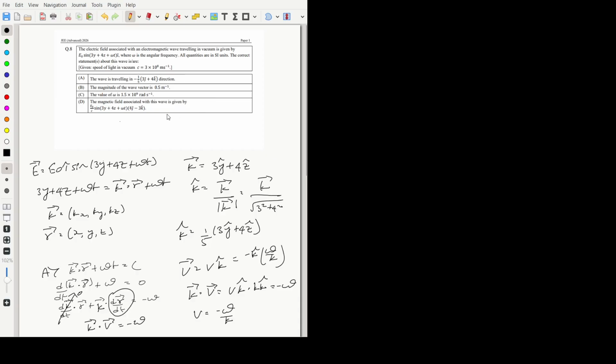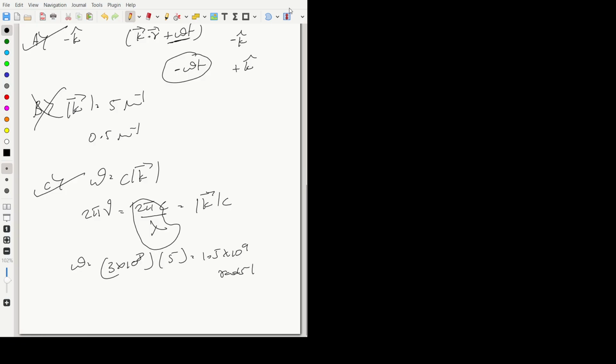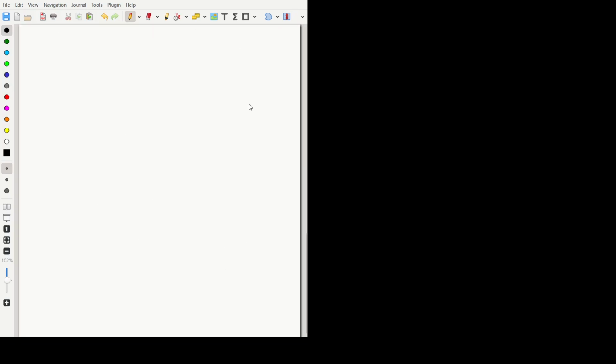Okay, final question. They're asking me the magnetic field. Alright, let's do it. The expression for the magnetic field vector is vector k cross E over omega, or k hat cross E over c. This works for vacuum.